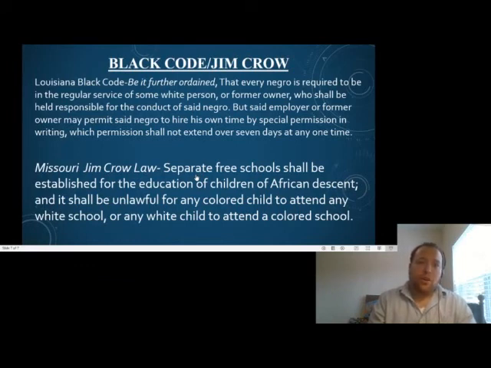Even though the Black Codes ended, the mantle is picked up by Jim Crow. This is an example of Jim Crow from the state of Missouri, which says that separate free schools shall be established for the education of children of African descent, and it shall be unlawful for any colored child to attend any white school, or any white child to attend a colored school. This becomes a really big deal.